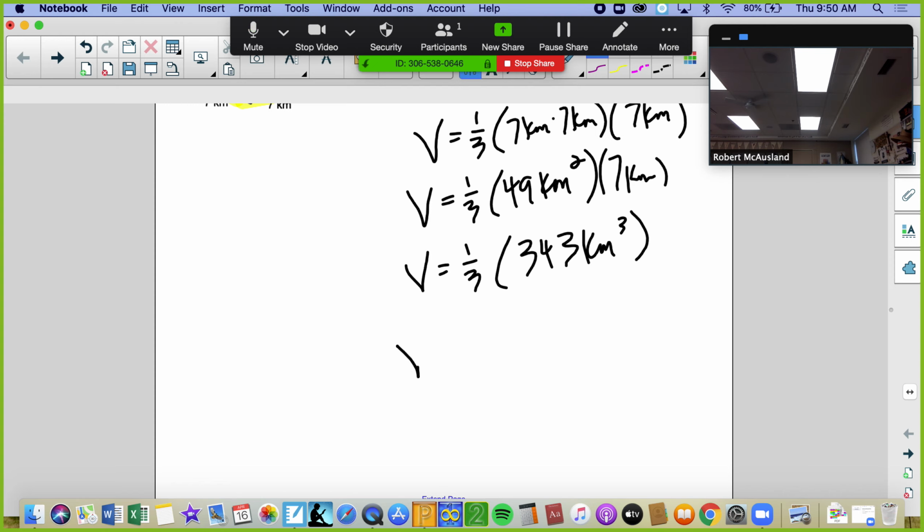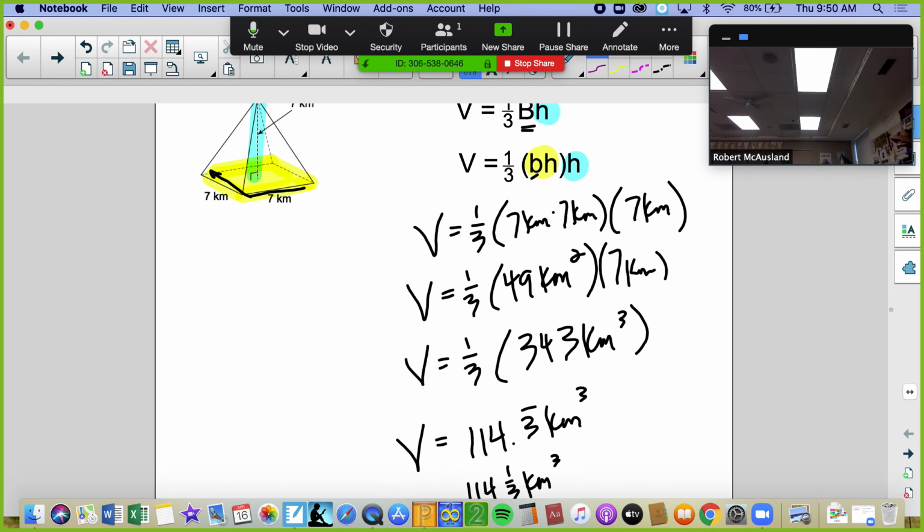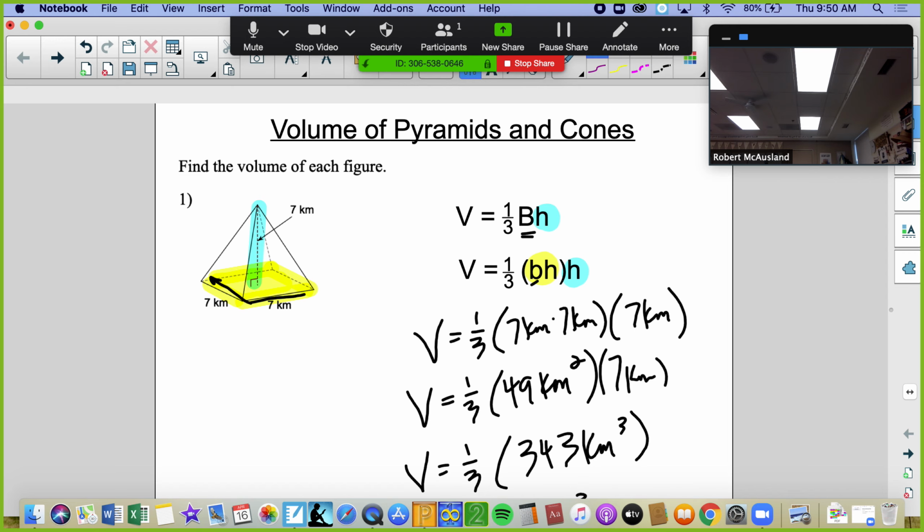That gives us a volume of 114.3 repeating kilometers cubed. You also could have 114 and 1/3 kilometers cubed. And that is going to be the volume of that pyramid that has a square base.